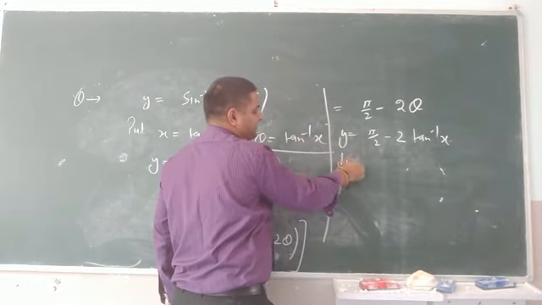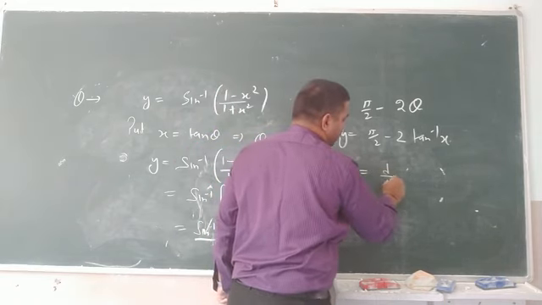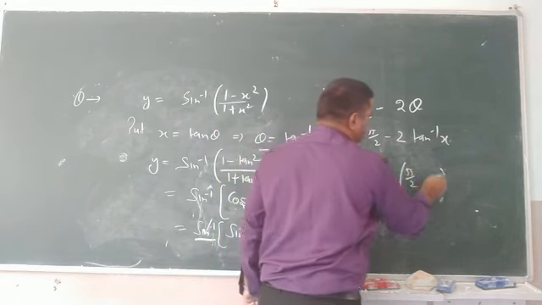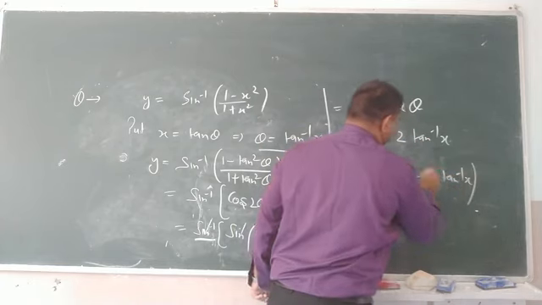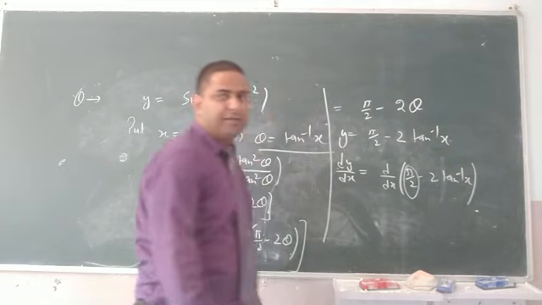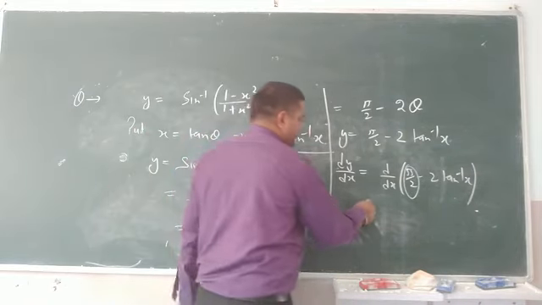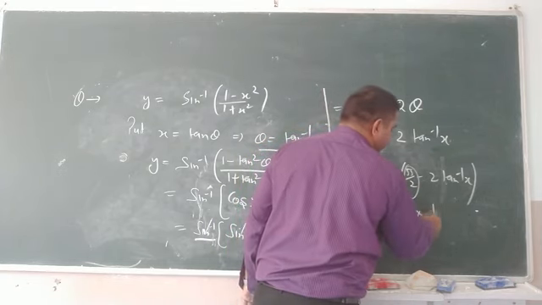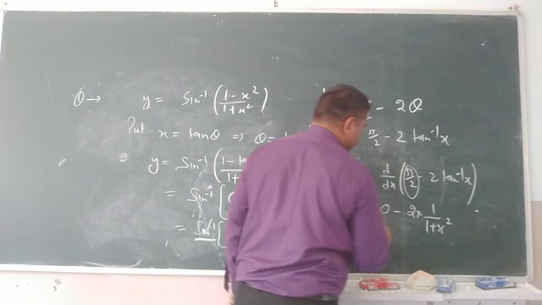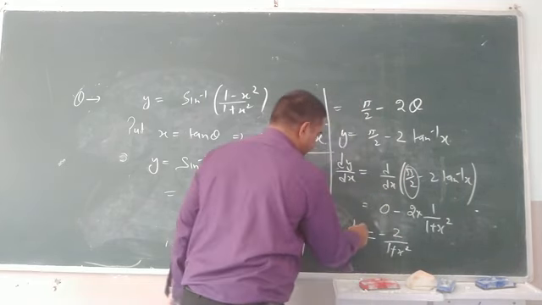Now differentiation. dy upon dx is equal to the derivative of pi by 2 minus 2 tan inverse x. Pi by 2 is a constant, so its derivative is 0. Minus 2 times the derivative of tan inverse x, which is 1 upon 1 plus x square. So the answer is minus 2 upon 1 plus x square.